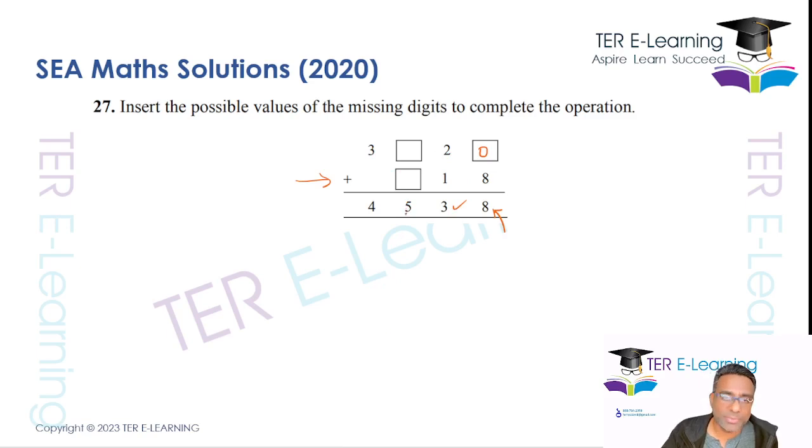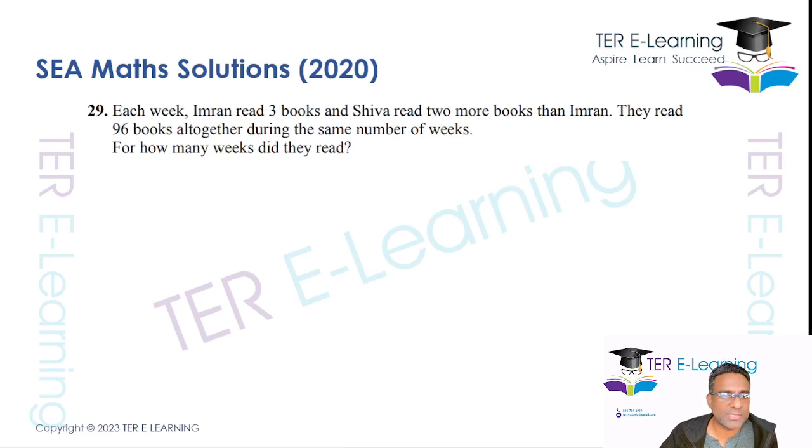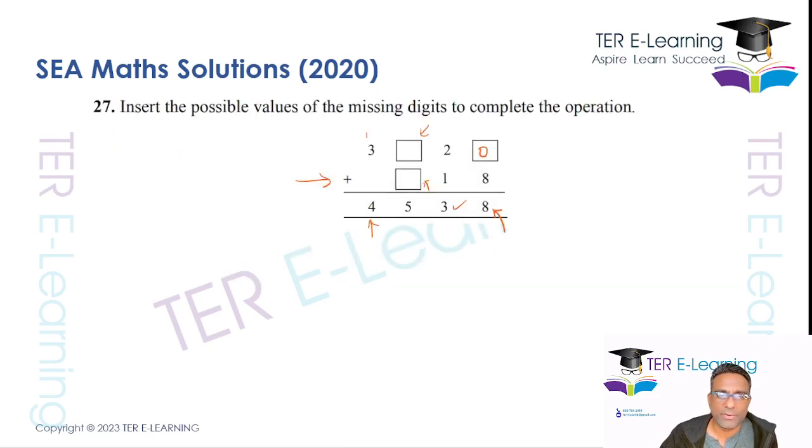There are multiple ways you can get that. Since this is a 4, you know that you must have carried a 1 here. So when you add these 2 boxes, you should get 15. So we're looking for any 2 numbers that will give us 15. We can go with maybe 9 and 6, so 6 or 9, or 9 or 6.